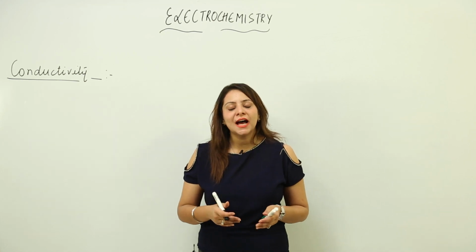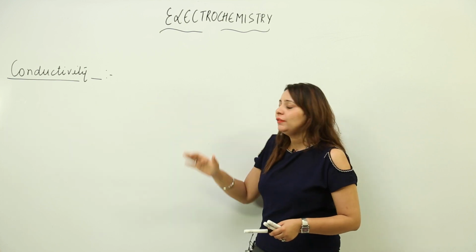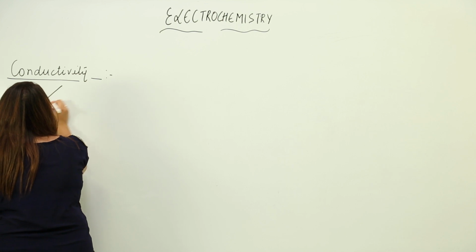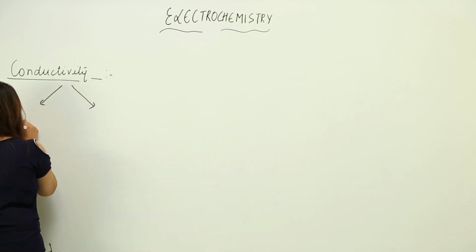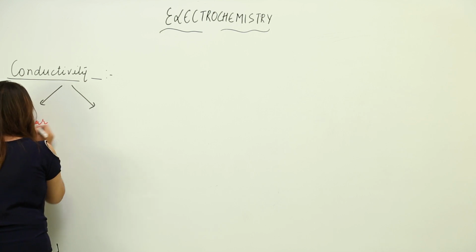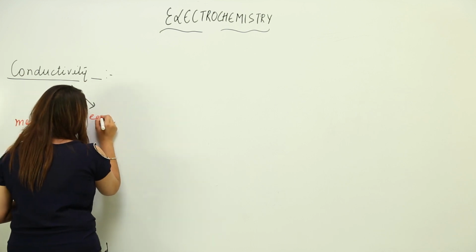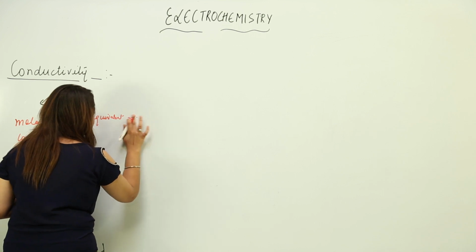Now we are going to start with the conductivity of the solutions. So what we see about the conductivity is that we have two types of conductivity of the solutions. One is the molar conductivity and the other is the equivalent conductivity.